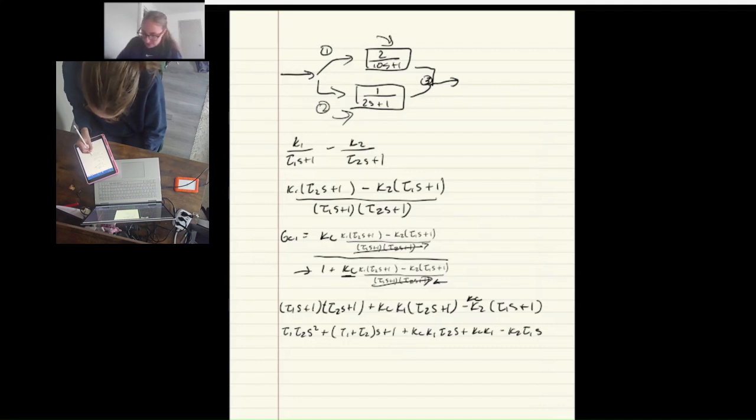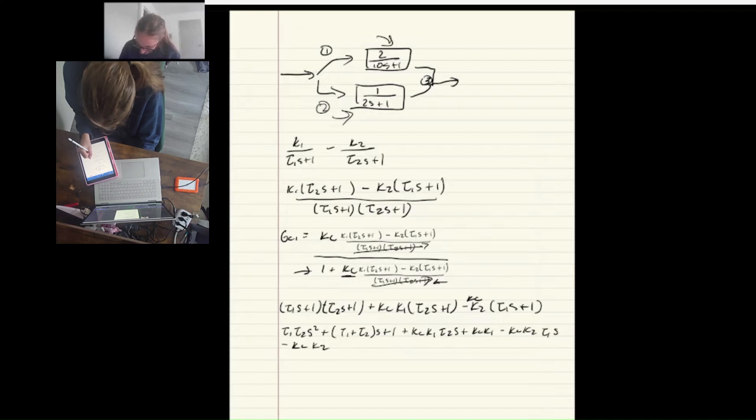So we get minus Kc K2 tau 1 s, then minus Kc K2. Then what we're going to do is separate it based off our s: our squares, our s to the 1, and then our zeros.